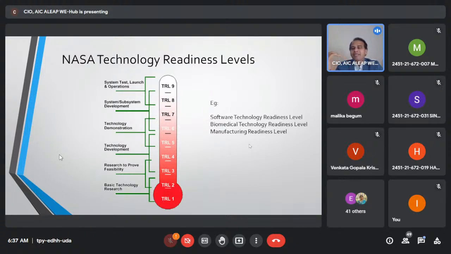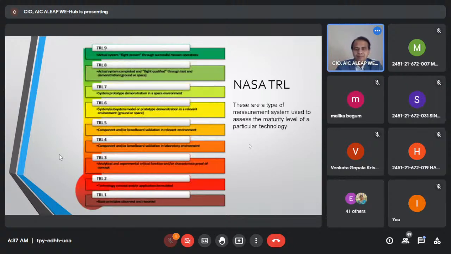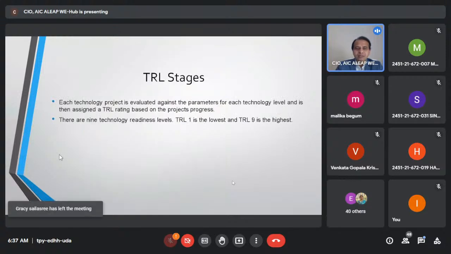That is the software technology readiness level. Similarly, there is a biomedical technology readiness level for biomedical equipment. For manufacturing devices or manufacturing of any product, we have the manufacturing readiness level. So the same one, let us see the TRL stages.